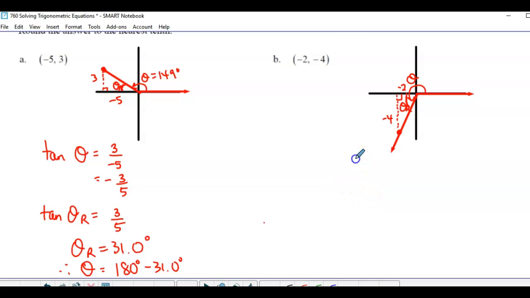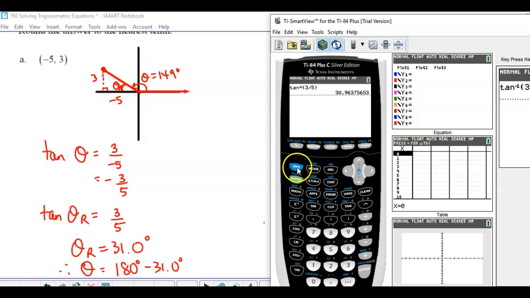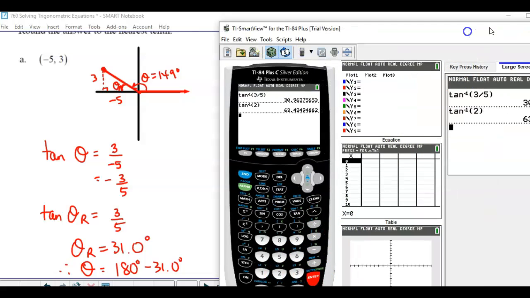So tan of theta is -4 over -2, which is 2. Okay, and so our reference angle is going to be equal to 2 here. So in our calculator, second tan of 2 is 63.4.